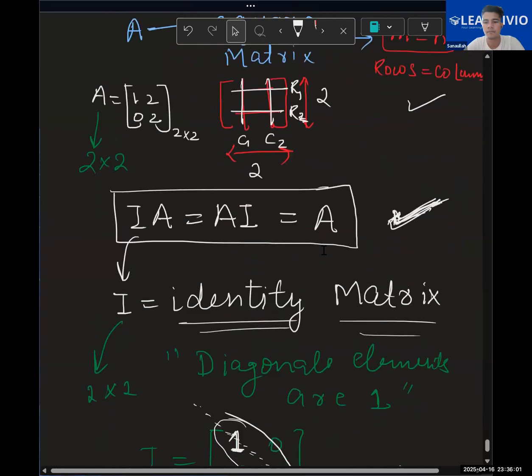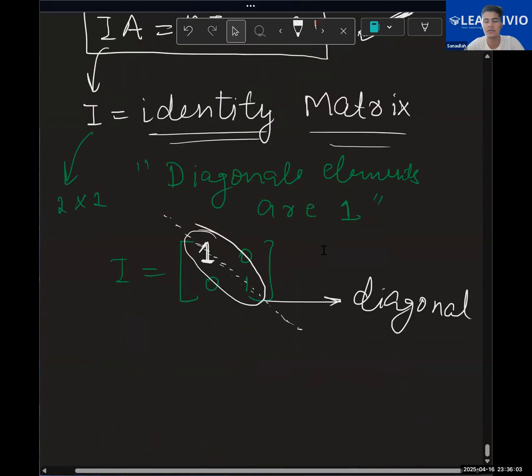Take any of the reference books, or if you're not finding any reference book, then go with the NCERT Exemplar. That NCERT Exemplar has very important, very good questions.